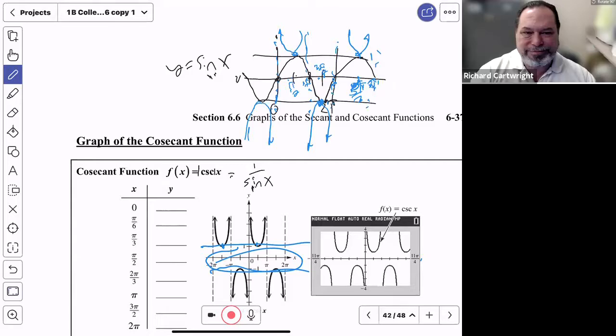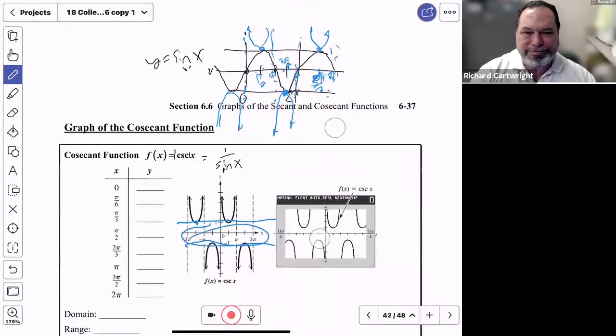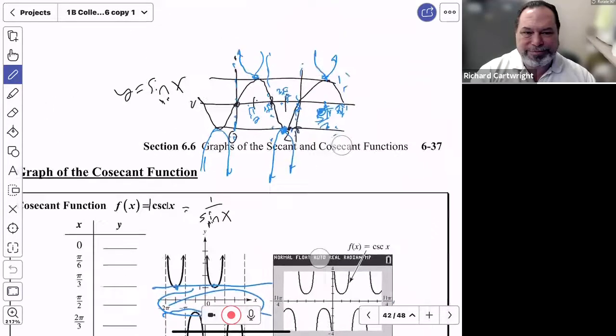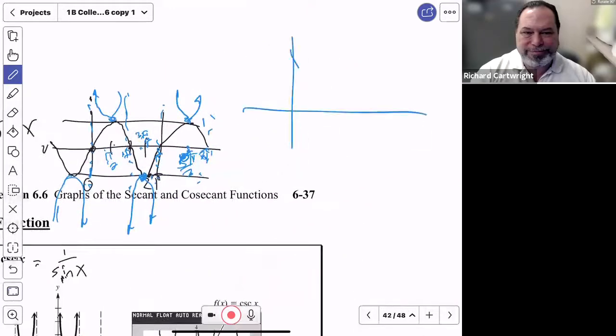Okay. Well, all right. So that's your cosecant, your secant. Oh, well, yeah, I was supposed to do cosecant. I did cosecant. Cosecant uses the sine curve. So if you know all the values of this sine curve, if you know what this point is, and that point is, and that point is, then you have all the numbers you need for cosecant. You have everything you need.